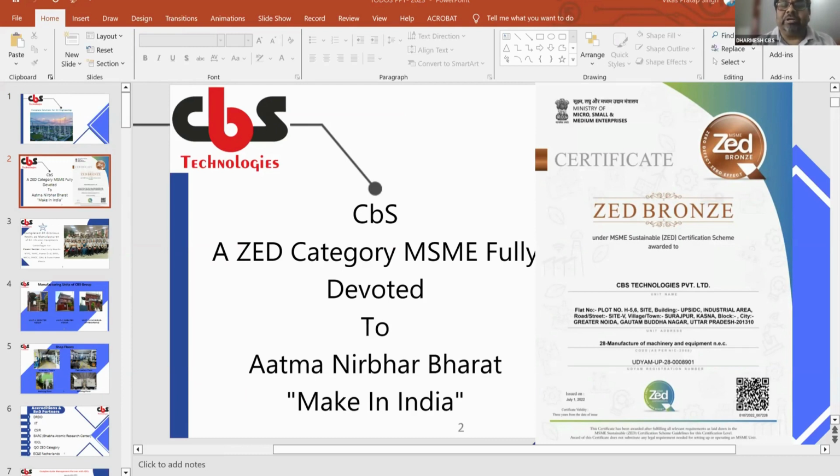We have made this online moisture removal system with the help of CEA and with the help of IIT, under the guidance of CEA.